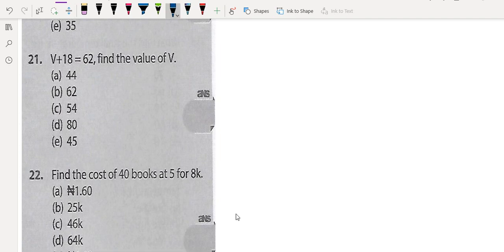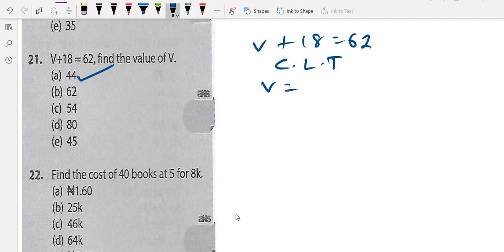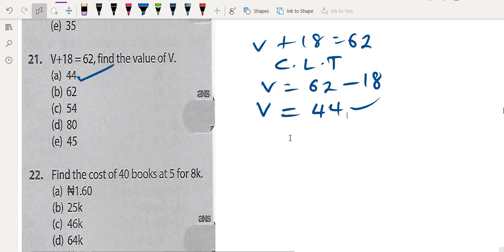What's the answer? Option A. So V plus 18 is equal to 60. Collect. V becomes, because if you carry plus 18 over, it turns to minus 18. So V is equal to 60 minus 18, which is 42.